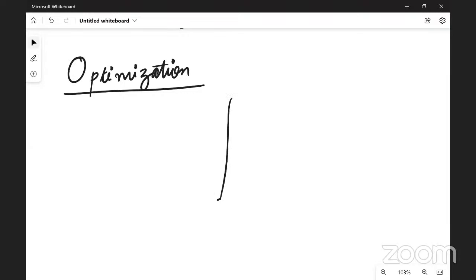So imagine we have this kind of samples. This is your X and this is your Y. There could be a possibility of an infinite number of candidate models, right?